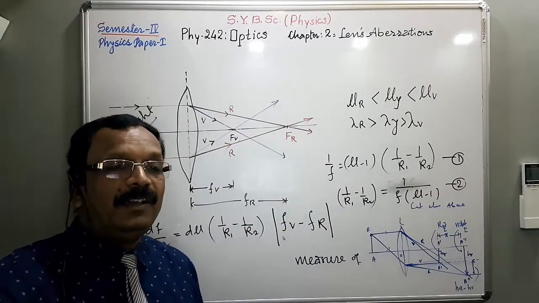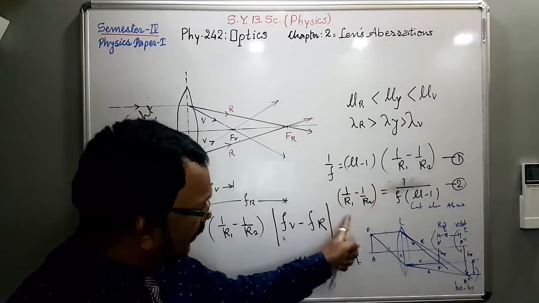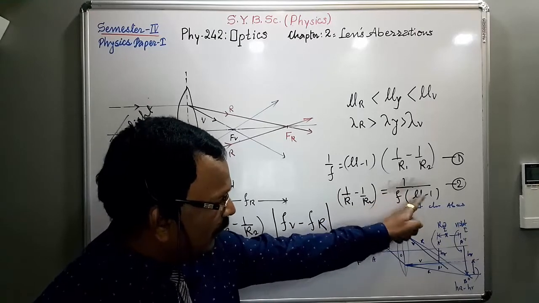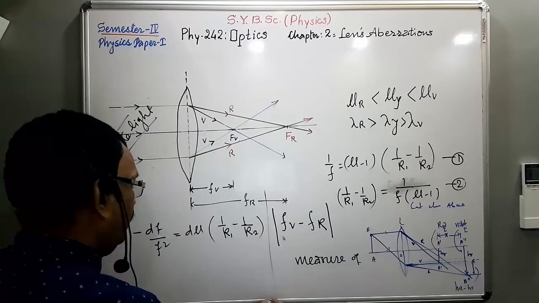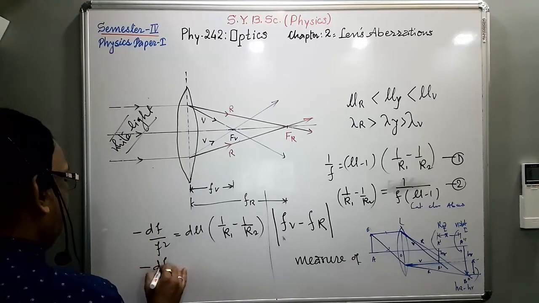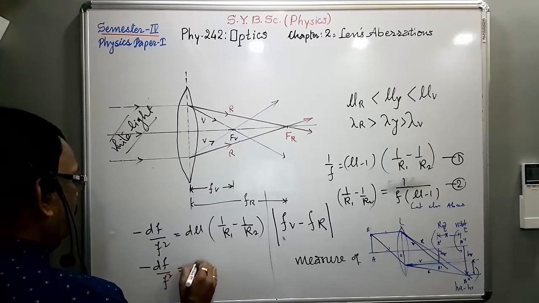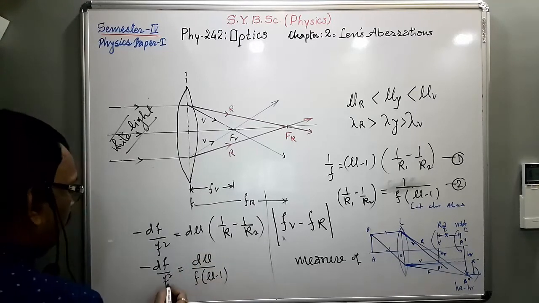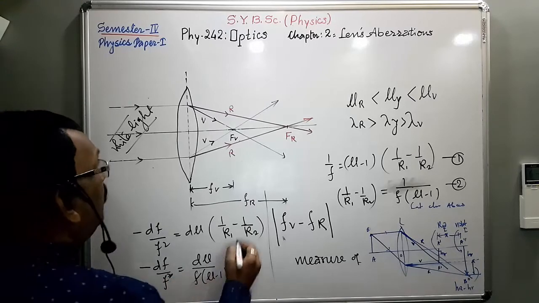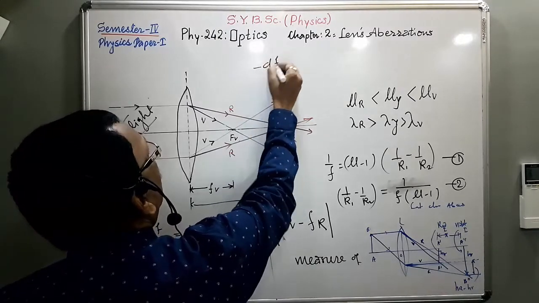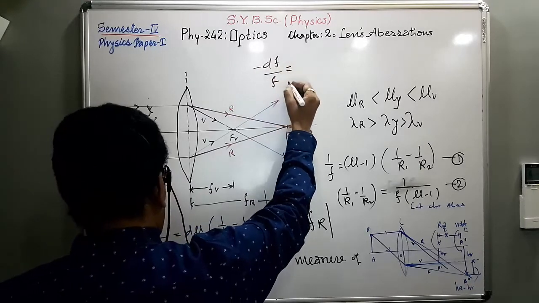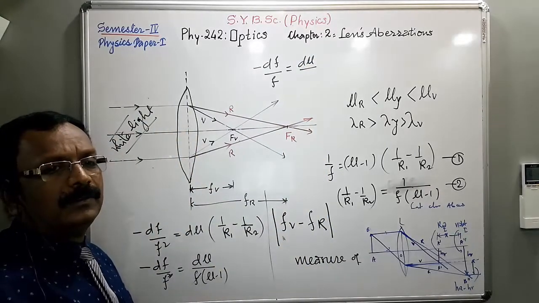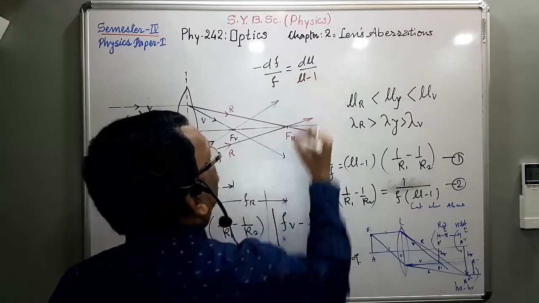Okay. Now, when we substitute the value of this term, that is 1 upon r1 minus 1 upon r2 is equal to 1 upon f into mu minus 1, in this equation, we have minus df upon f square is equal to d mu upon f into mu minus 1. This one f is getting cancelled with this f and we will have only minus df upon f is equal to d mu upon mu minus 1.